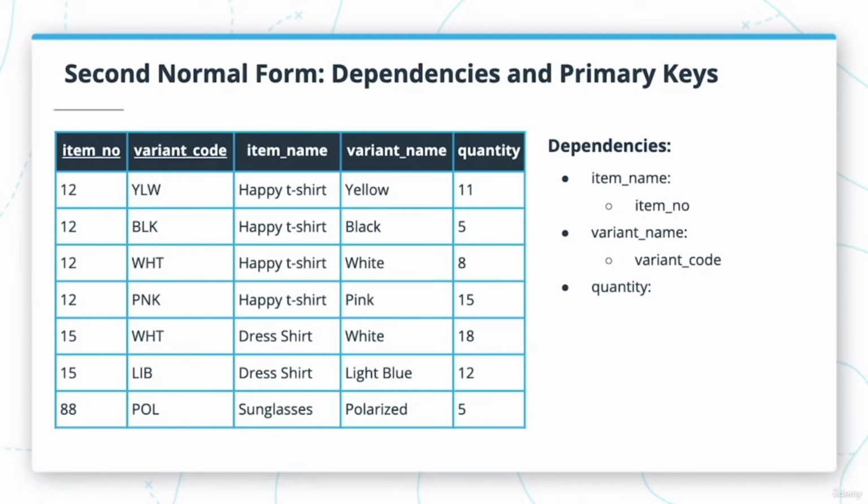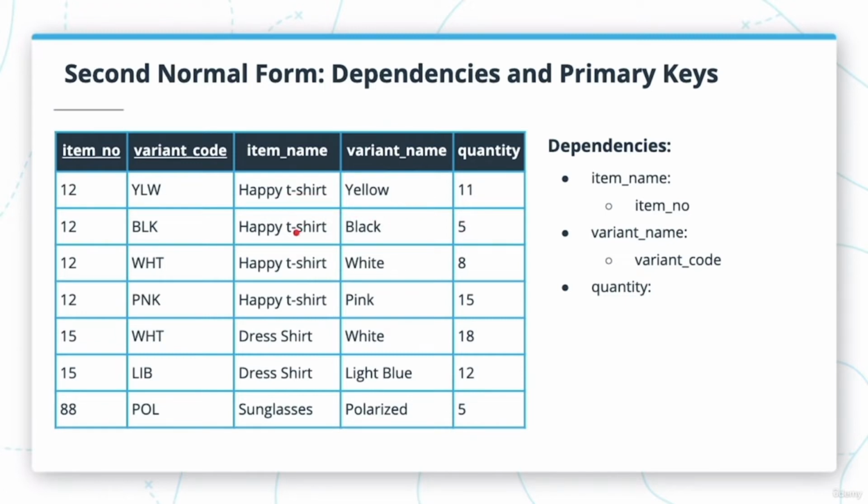What does the quantity actually describe? Well, if I had to put it in human terms, the quantity describes the numbers of a variant of a certain item. So for the happy shirt, we have 11 yellow happy shirts. We have 5 black happy shirts, and so on and so on.